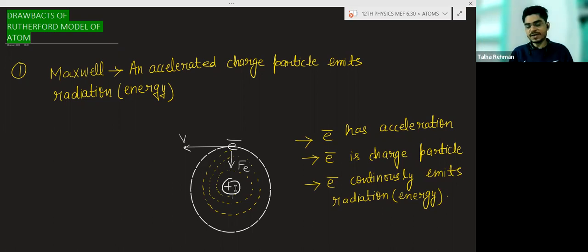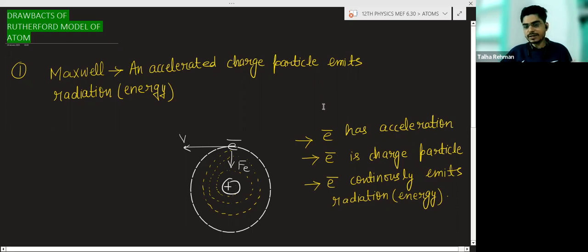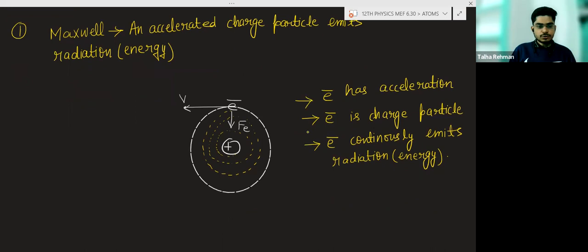We are also made up of atoms, but we are here. It means this theory given by Rutherford is not correct. According to this, the electron will fall into or collide with the nucleus.